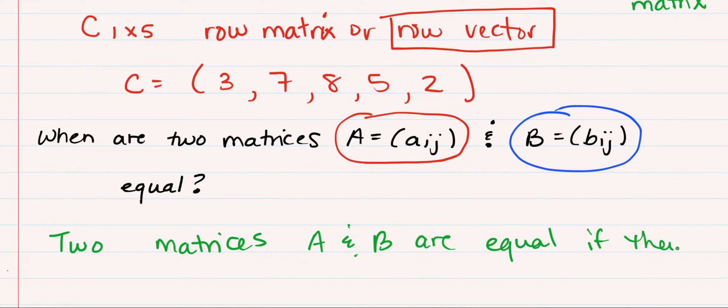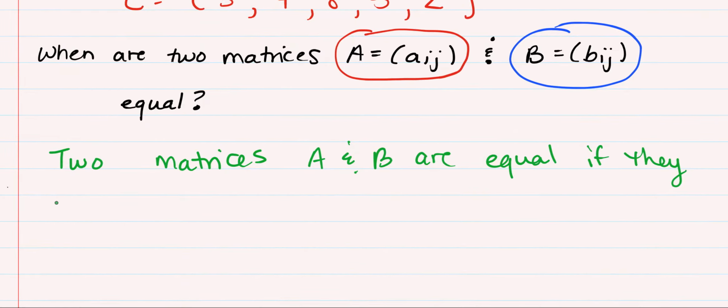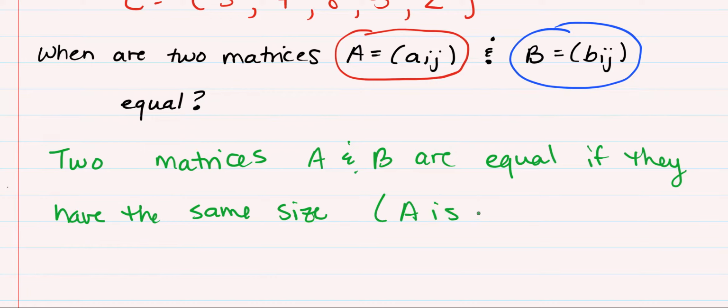Two matrices are equal if they have the same size. So in other words, A is an M by N matrix, and B is also M by N.